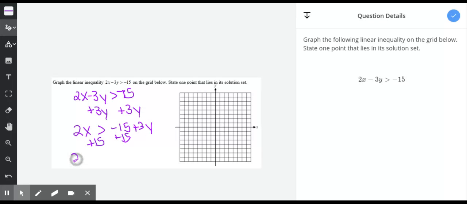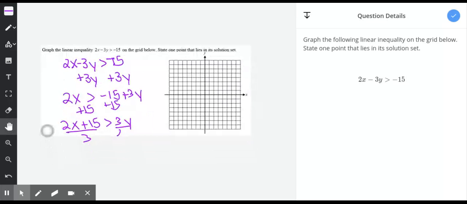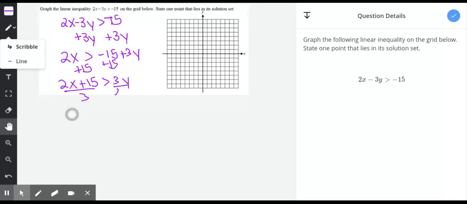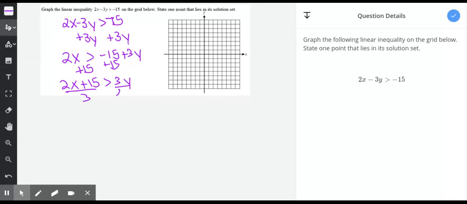I have 2x plus 15 is greater than 3y. And I divide everything by 3, which gives me 2/3 x plus 5 is greater than y.